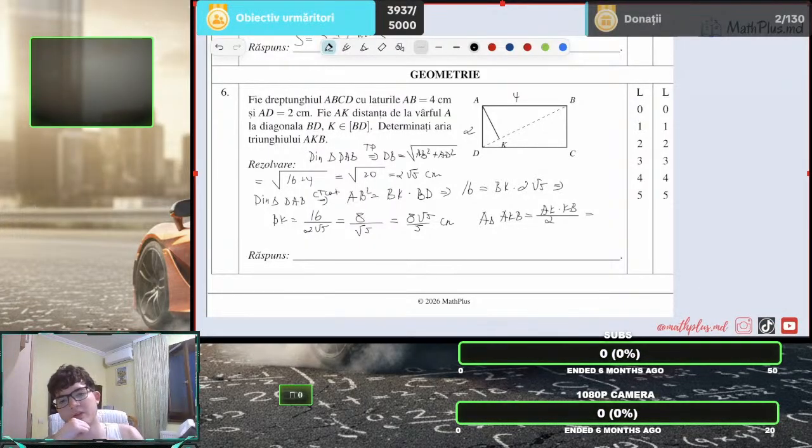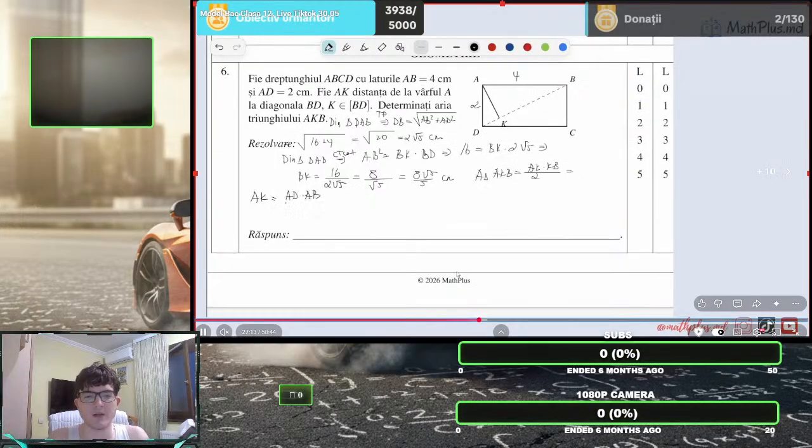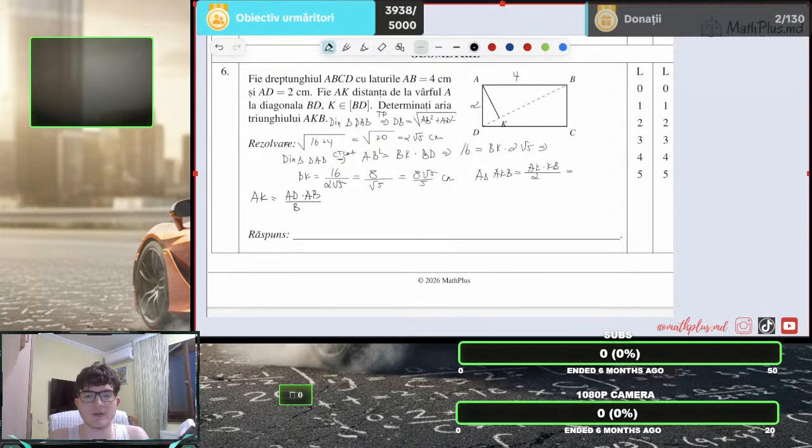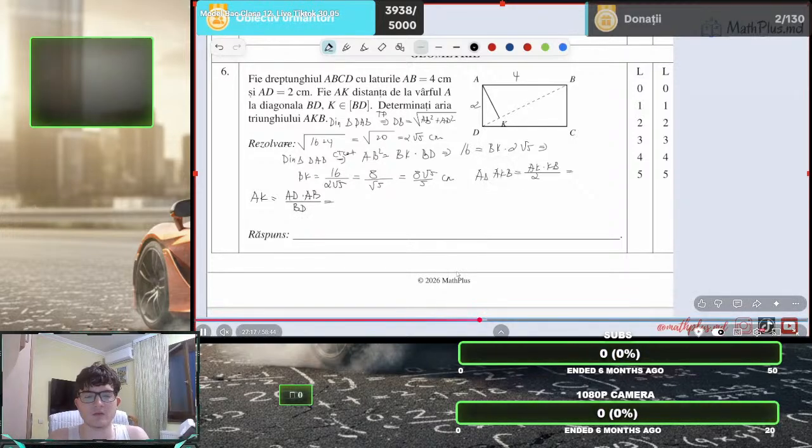So basically we need AK. Finding AK using Pythagorean, which is AD times AB divided by BD. What? Bro, this is pretty advanced.